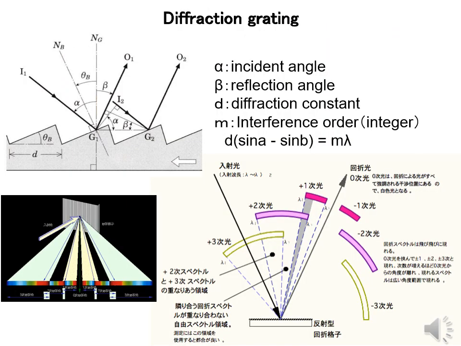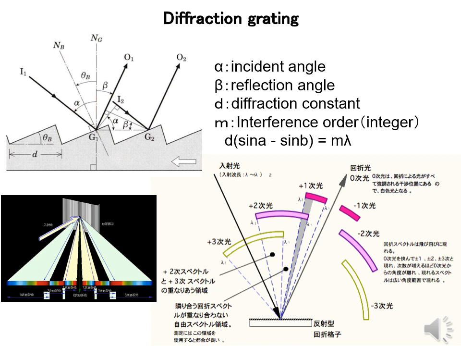Next, I will explain the diffraction grating. As shown in the figure on the lower left, the diffraction grating has a structure in which fine lines are engraved at equal intervals on a flat plate substrate. The diffraction grating shown here has lines engraved in the vertical direction.